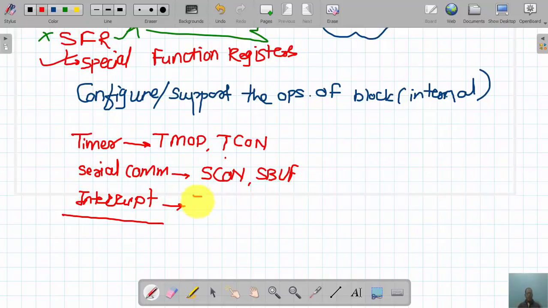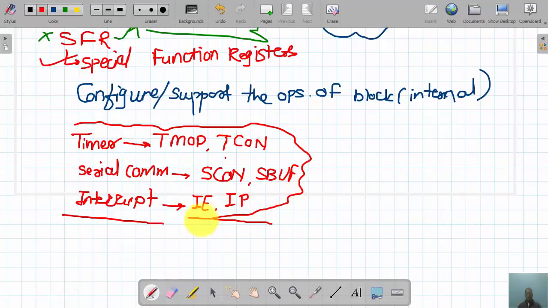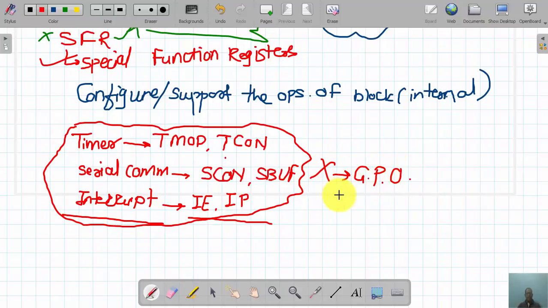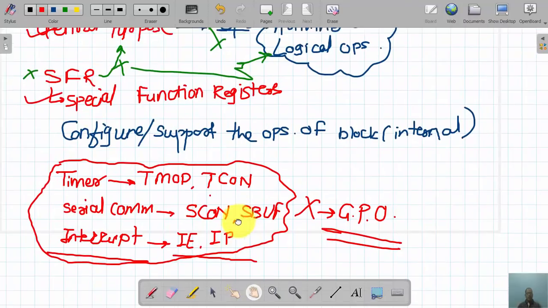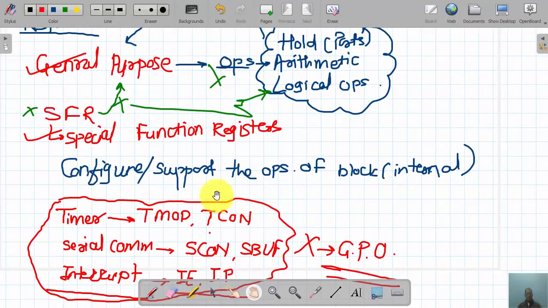To deal with this, we have the interrupt enable, that is IE, and interrupt priority, that is IP, registers. So these are the SFRs present in the 8051 microcontroller. These are not used to perform general purpose operations like addition, subtraction, arithmetic or logical operations. They are purely designed to support or configure the internal blocks.